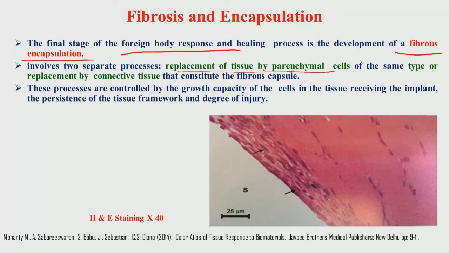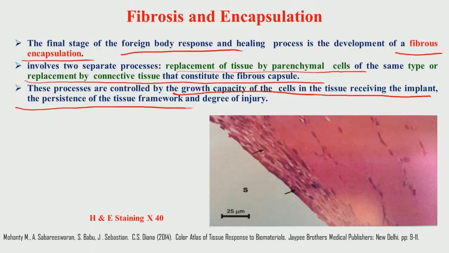One is the replacement of tissue by parenchymal cells of the same type, and the second one is the replacement by connective tissue that constitutes the fibrous capsule itself. These independent processes are controlled by the growth capacity of the cells and tissue receiving the implant and the persistence of the tissue framework, and also to some extent on the degree of injury.